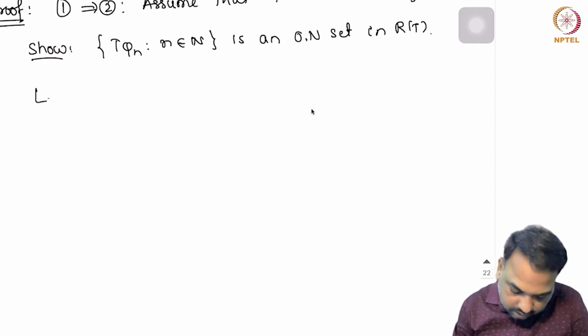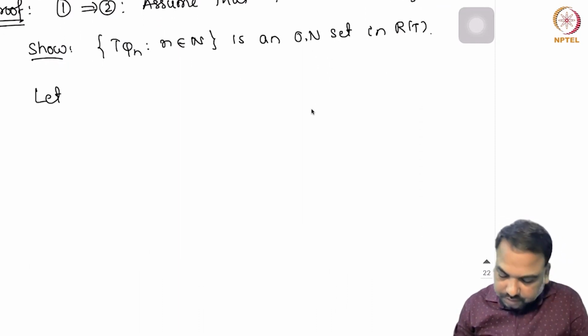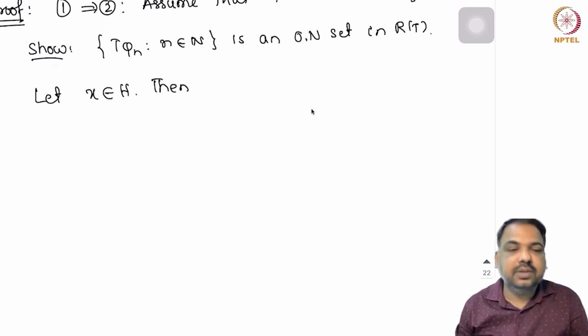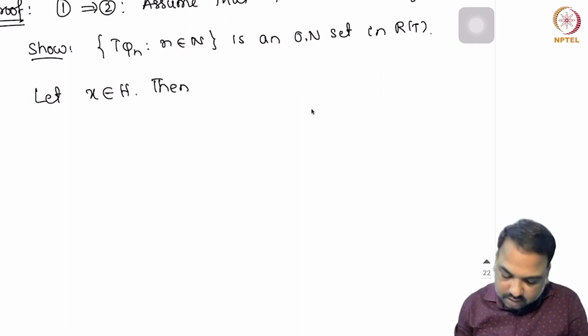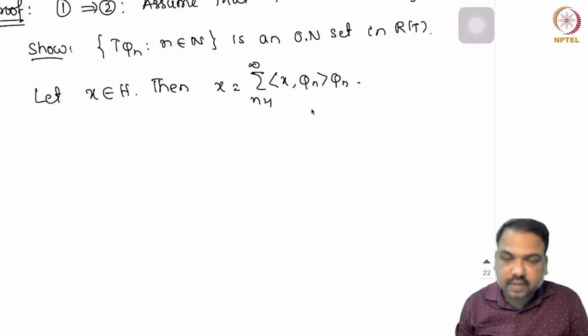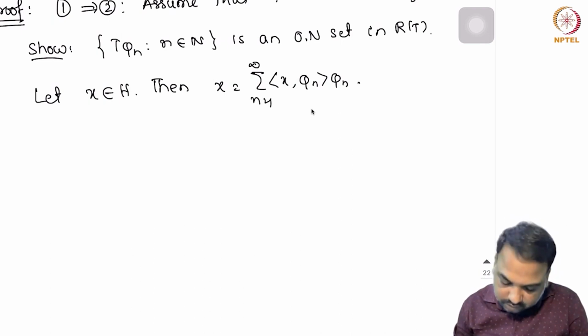So let us take x in H. Since phi n forms an orthonormal basis for H, x can be written as summation of the inner product of x with phi n, multiplied by phi n.